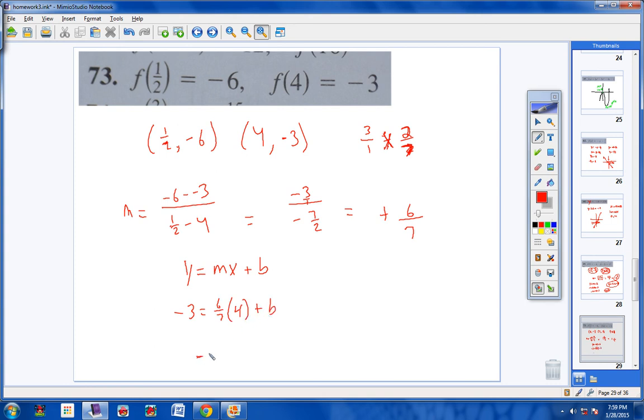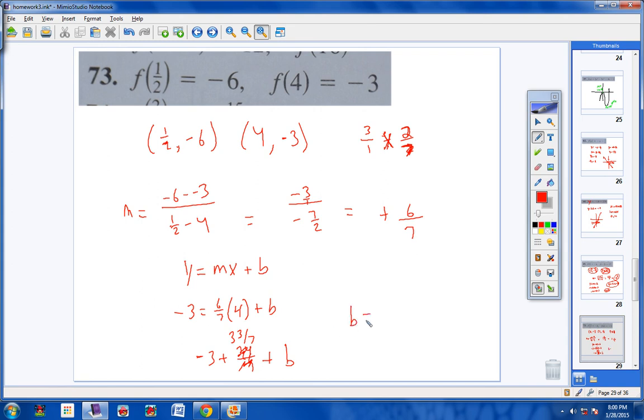So now I have -3 equals 24 over 7 plus b, okay? So 24 over 7 is 3 and 3/7, I believe. Yes, that is correct. 24 over 7 is the same thing as 3 and 3/7.